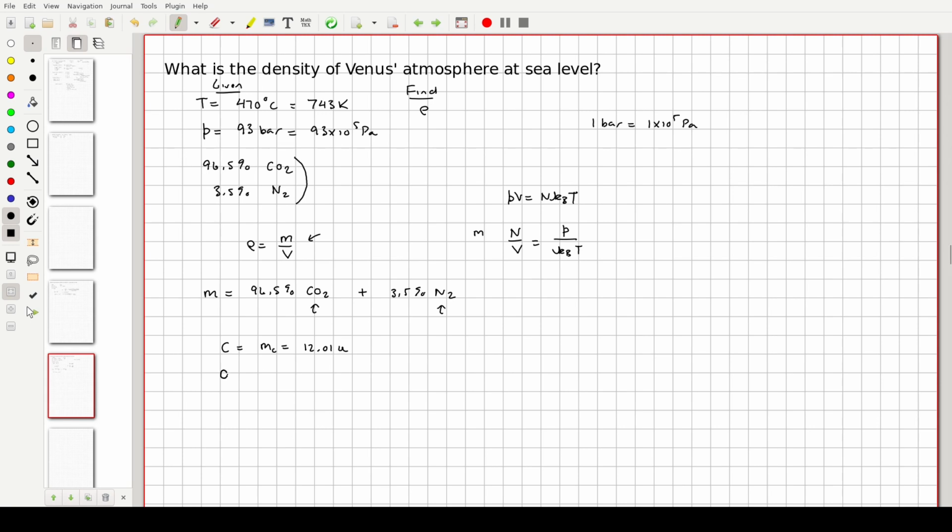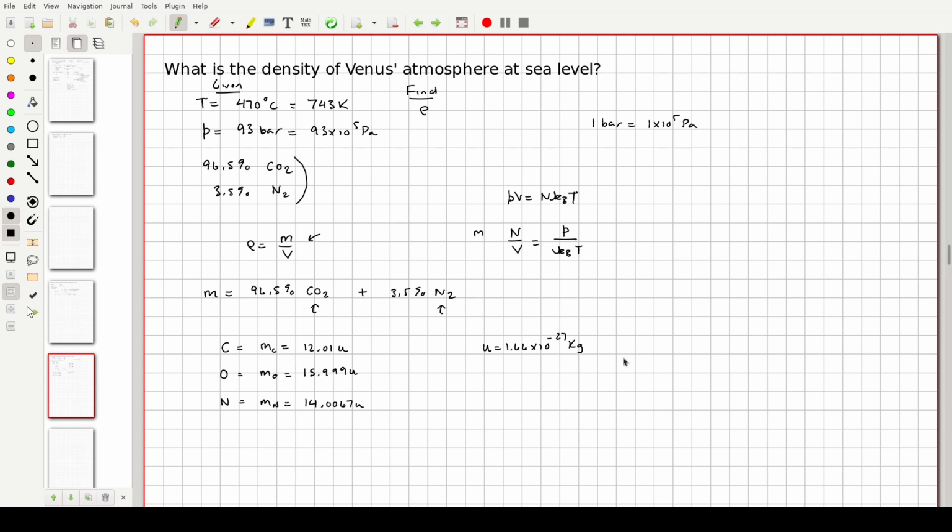We also know that oxygen has a mass of 15.999 atomic mass units, and nitrogen has a mass of 14.0067 atomic mass units. Now, what's an atomic mass unit? Well, it's the approximate mass of a proton. U is equal to 1.66 times 10 to the minus 27th kilograms.